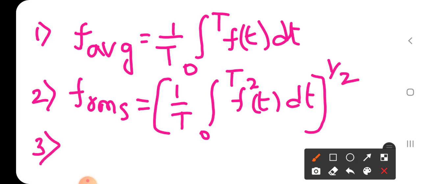Then what about peak factor and form factor? Peak factor is, it is not power factor, it is peak factor, which is the ratio of peak value to the RMS value.